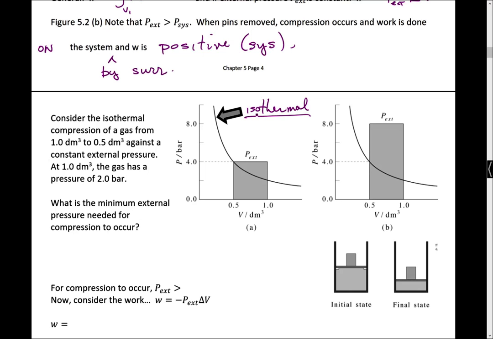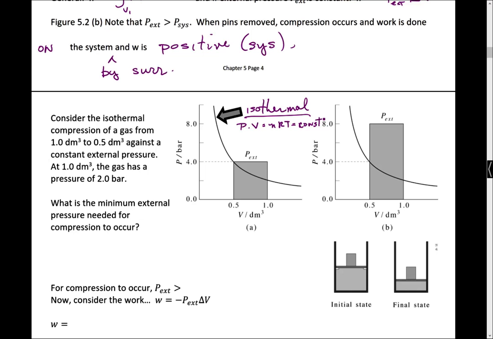And because we're limiting our discussions to ideal gases, what we know is that at every point on that curve, the pressure times the volume is equal to nRT, which is a constant. So we can say that P times V is a constant. And that defines this curve. Does that make sense to everybody?